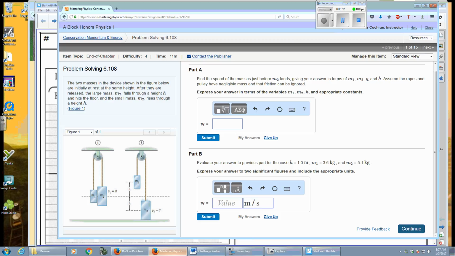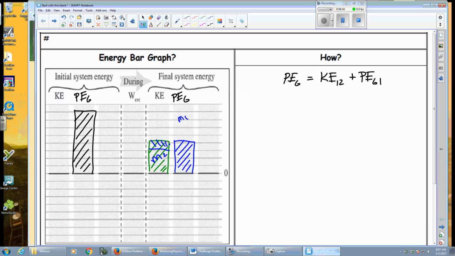So, looking at the before, each of the masses is raised up a level h. And so beforehand, I'm going to have PE grav of 1 plus PE grav of 2. And both those are gravitational. Sorry, I should have had the G's in there.